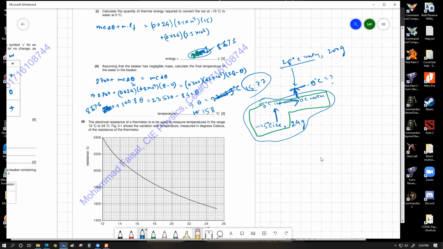So that's one way. Sometimes it is possible that the total final state of the object is not going to be only water. If you have too much ice over here, for example, let's say 240 gram of ice, about 10 times more ice, I can show you by calculation that in the final mixture we're going to have some ice and some water together at 0 degrees Celsius.